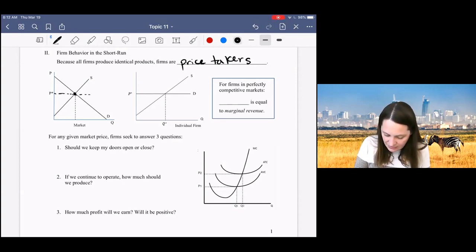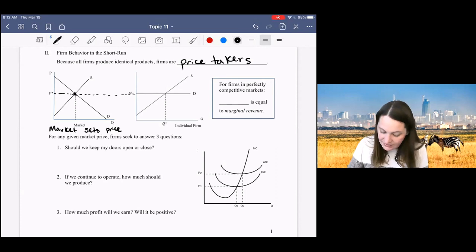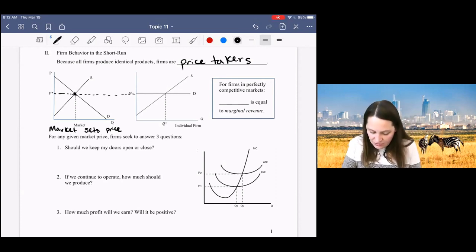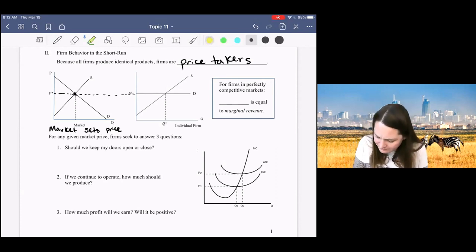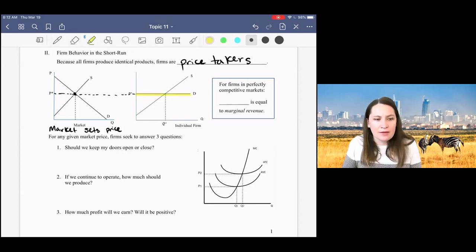So the market sets the price, okay, where supply equals demand. And then the firms, excuse me, they observe the price, okay, and they know, okay, here's the price of apples, $2 a pound, say. I can sell as many apples as I want at $2 a pound. Okay, how many apples should I sell?